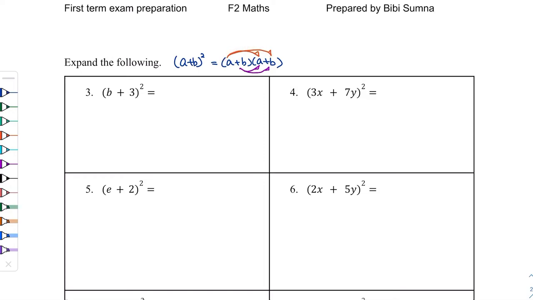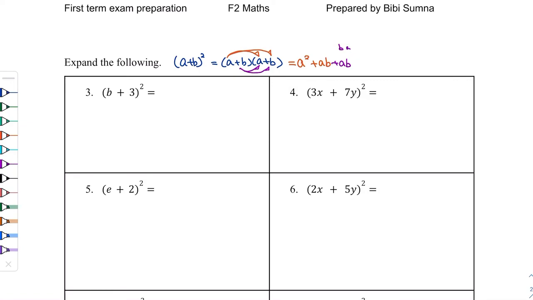So the upside first, when a goes here, what becomes? A times a becomes a square. Then a times b, it becomes ab. How about the bottom? B times a, it becomes ba. You can write it as ba or even ab is also okay. It's all up to you.